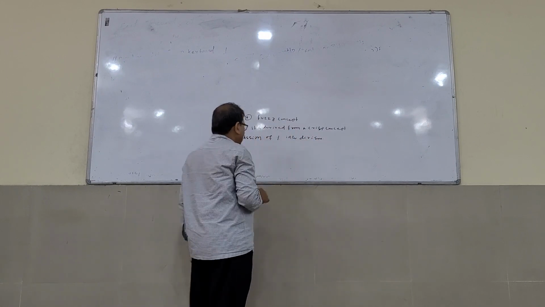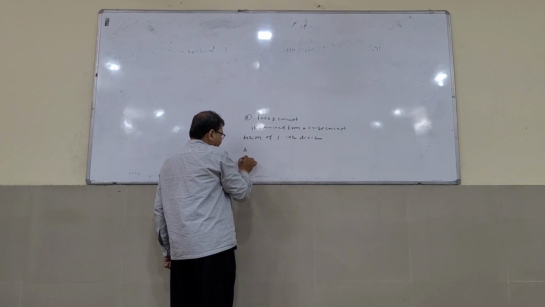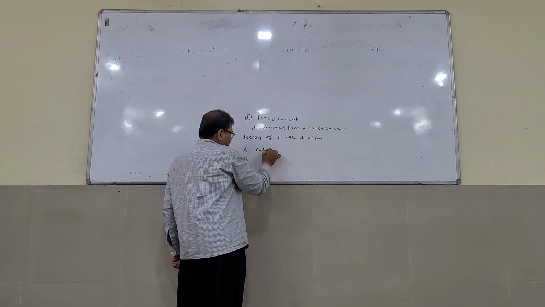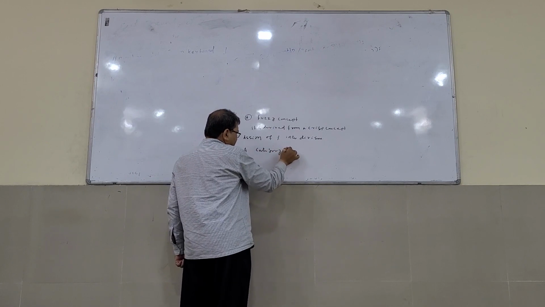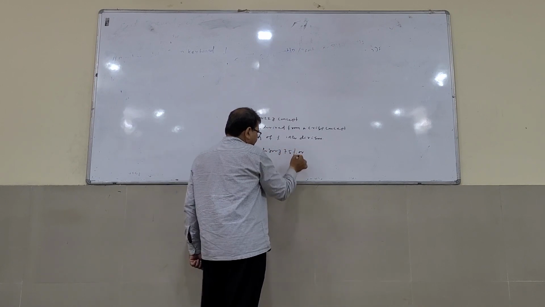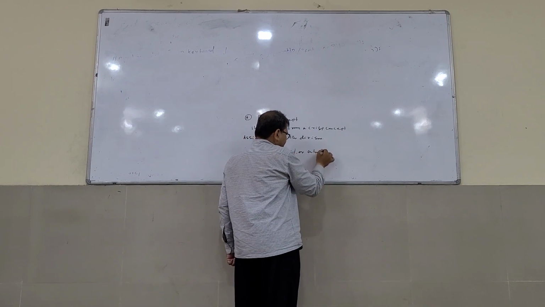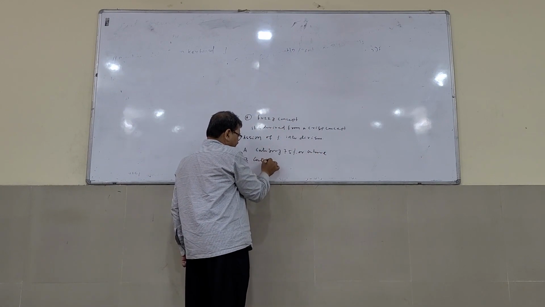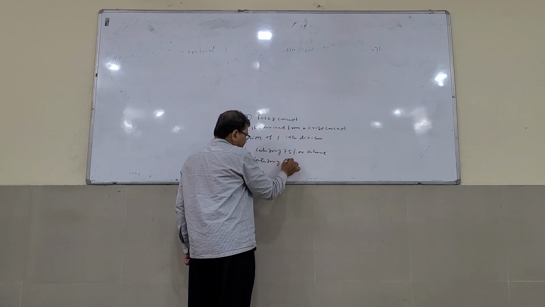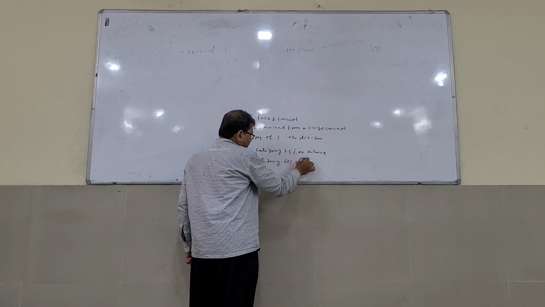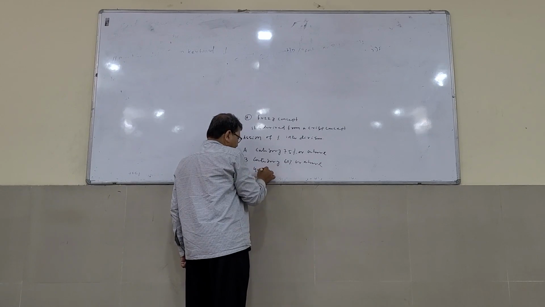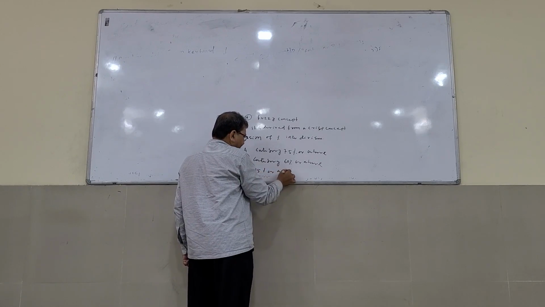That is, there are A, B, and C. This category is 75% or above. This category is 60% or above. This is 45% or above.